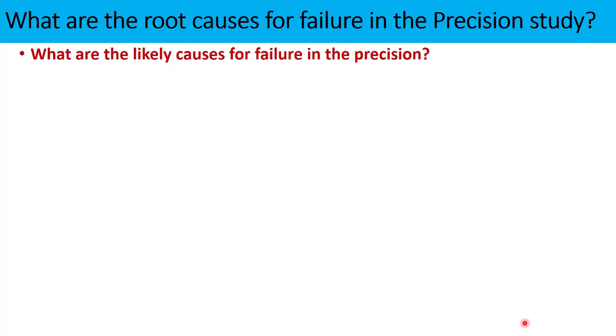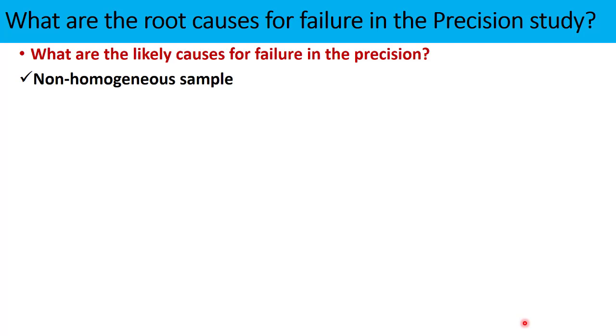So now let us understand what are the likely root causes for the failure in the precision study. The first and foremost, a very important likely cause can be the non-homogeneous sample. See, in a precision study, you are trying to understand how closely the results are associated with each other. For example, you are determining assay for a paracetamol tablet.